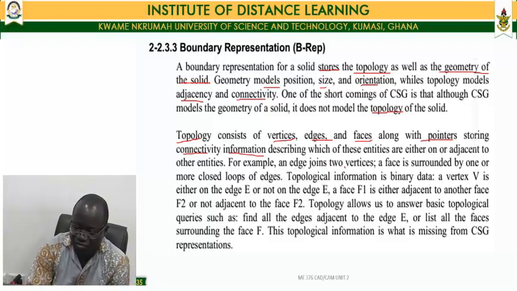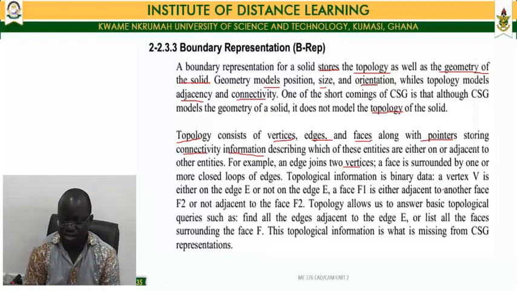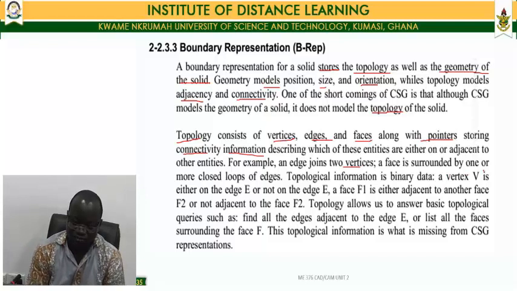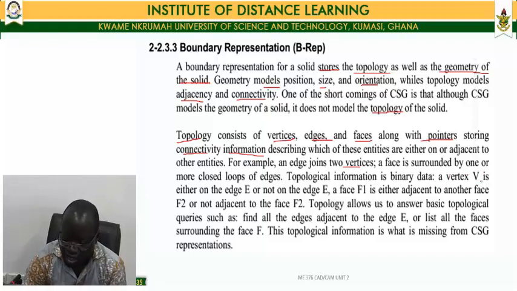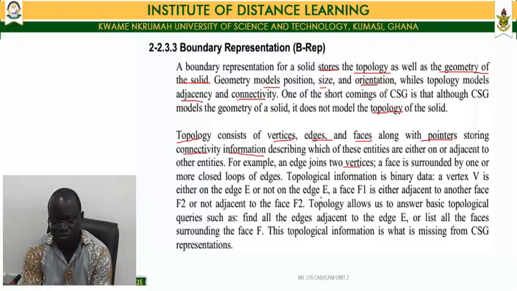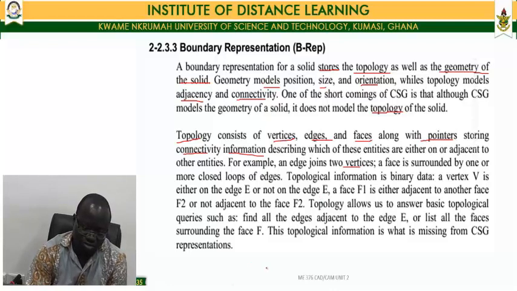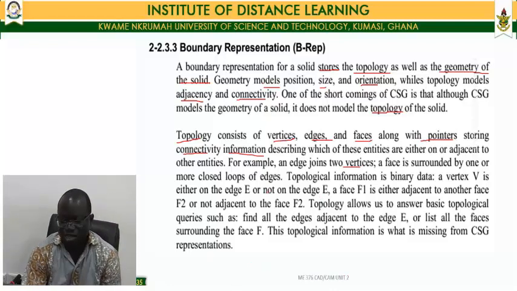So the topological information is normally binary data. A vertex is either on the edge or not on the edge. So it's binary data, which is 0 and 1. If you're describing a vertex, it's 1 on the edge or 0 not on the edge. So 1 on edge 1, maybe 0 on edge 5. It means that this is 1, 0. It stores that the vertex is on this edge, but it's not on the other edge.